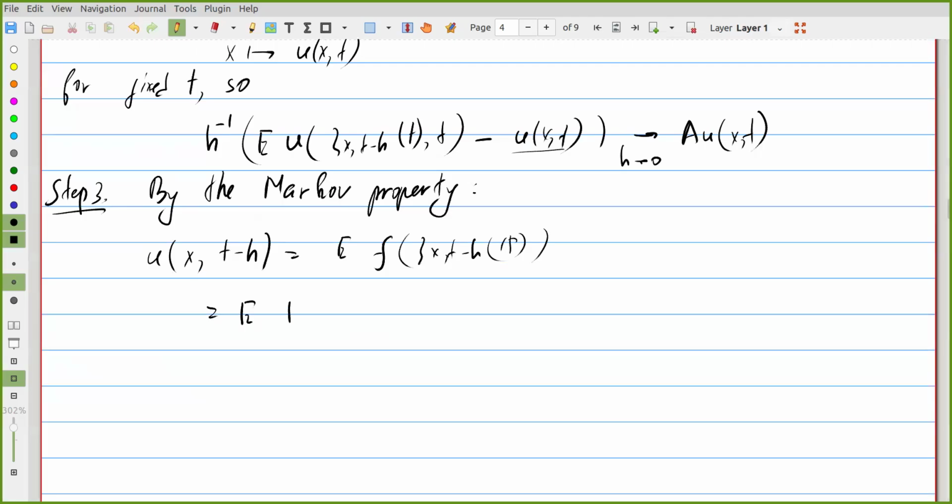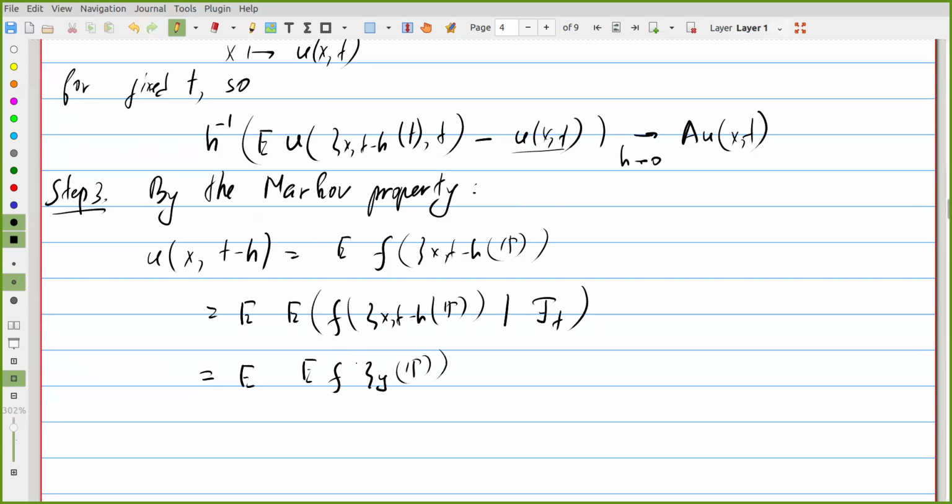Let's write it as follows, the same expression, but we will take the conditional expectation with respect to the filtration at time t, and by the Markov property we obtain that this is just the mathematical expectation of f(ψ_y(t)) when y is exactly ψ_{x,t-h}(t).